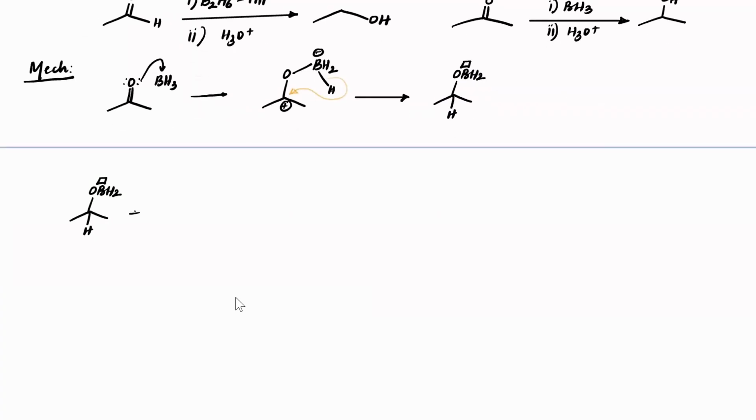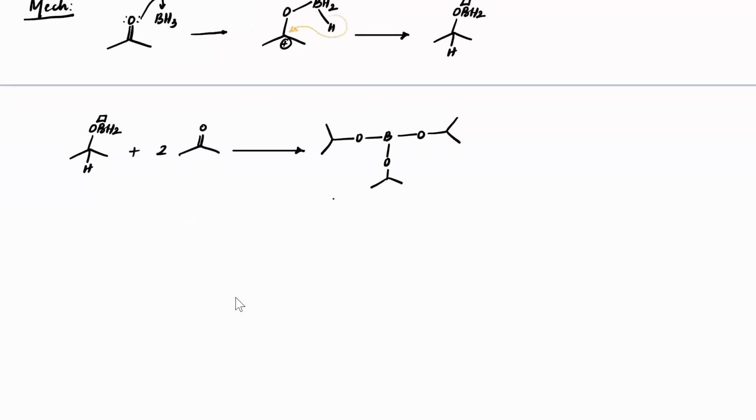So that means another 2 moles of aldehyde or ketone, if you take it, they all will attack on it in the same way. You will get oxygen with boron, oxygen with boron, oxygen with boron. So you will get this as triisopropoxyborane.